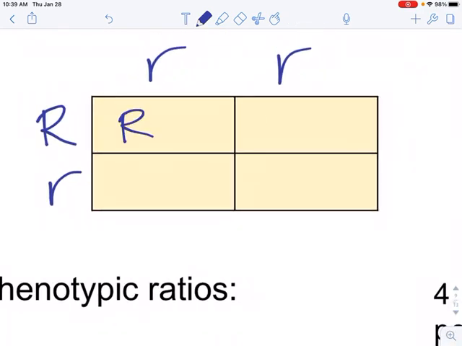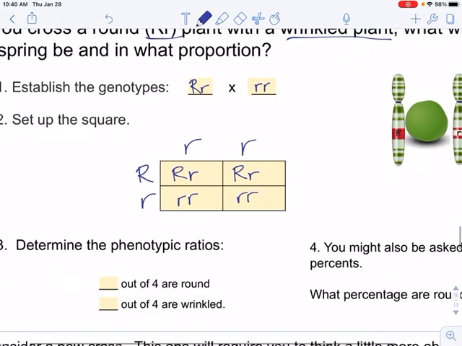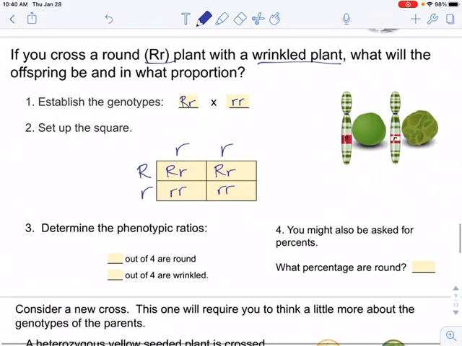We'll bring the big R over and the little r over. And then we'll drop the little r down into the box and the little r down into the box. So now, how many would be expected to be round? Hopefully you said 2 out of 4, these 2.